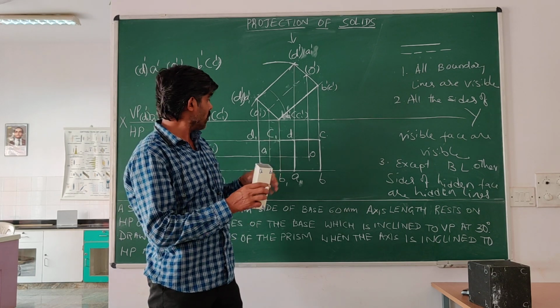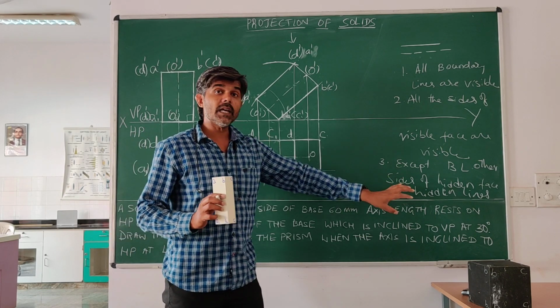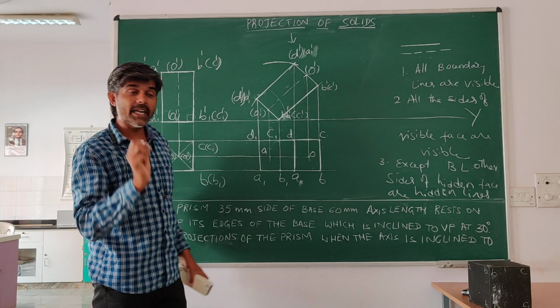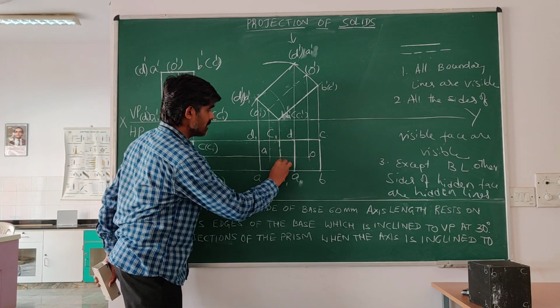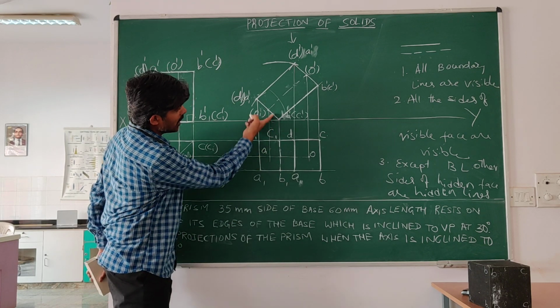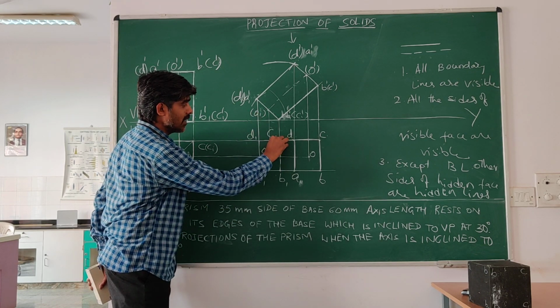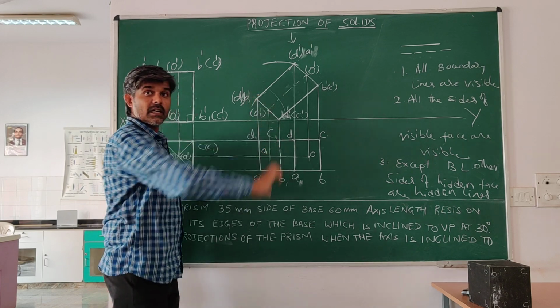The remaining one side, B1, C1, should be joined by a hidden line. The reason is that A1, B1, C1, D1 is a hidden face, so this part of the line is hidden. While if I had drawn this projection line as a thin line, I can make a clear difference between it and this part of the line as a thick line.